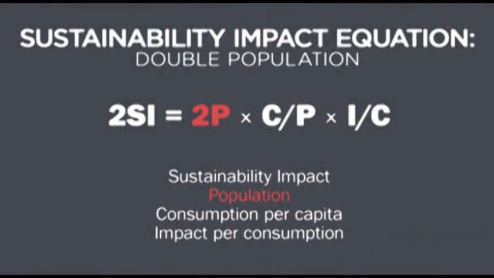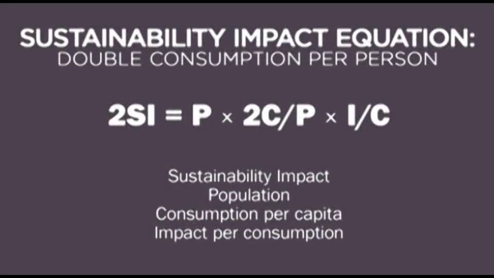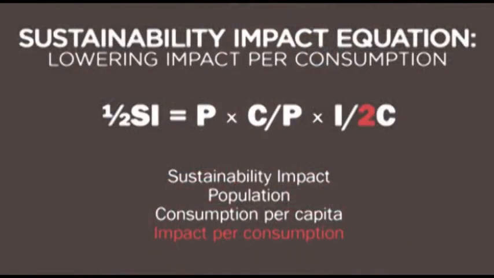According to this formulation, if we double the world's population, we double the impact on the environment. Similarly, if consumption doubles, then also we double the impact on the environment. On the other hand, if we design new technologies, for example, vehicles that get higher mileage or energy-saving devices for the home, we can use technology to reduce the amount of impact per unit of consumption.